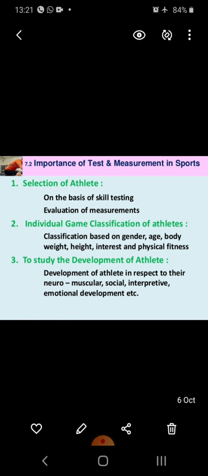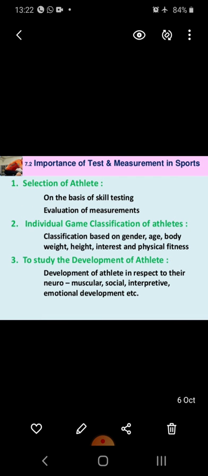Next is individual game classification of athletes. Classification based on gender, age, body weight, height, interest and physical fitness. So we will classify the athlete according to gender, age, body weight, height, interest and physical fitness. What have we done?